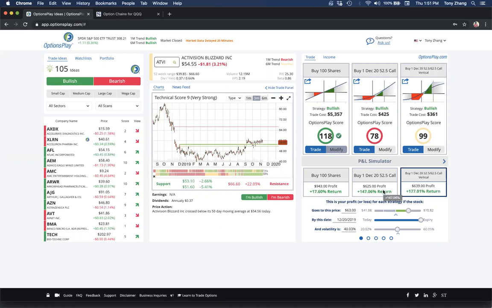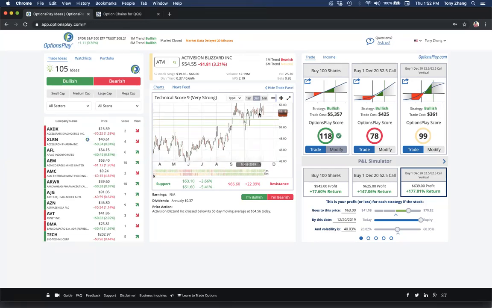That's pretty good. 147% return on the call, 177% return on that call spread. Certainly, call spread makes a lot of sense, but like I said, this thing has just been stuck in this range for quite some time, and I don't know how long it'll remain stuck in that range. But if you think it's going to make a quick move, maybe buy that call spread versus otherwise, I think you might be better off buying the stock.